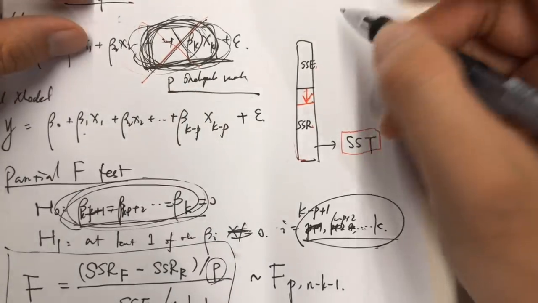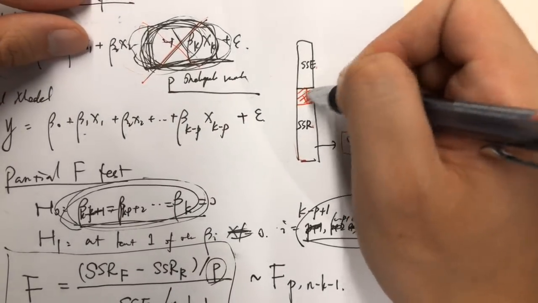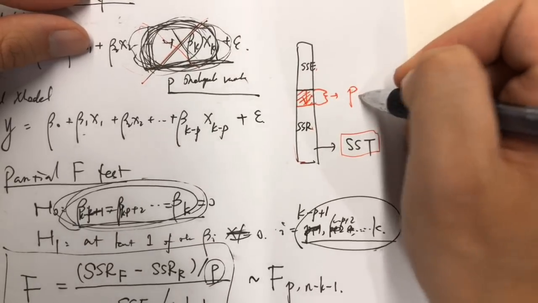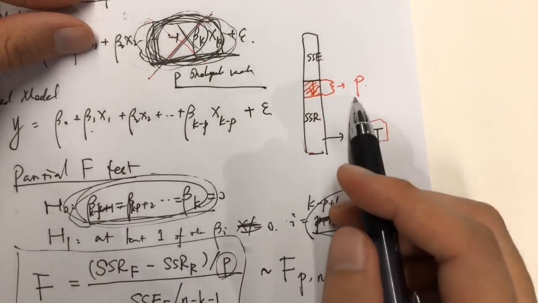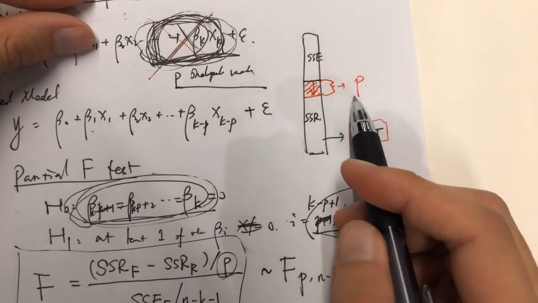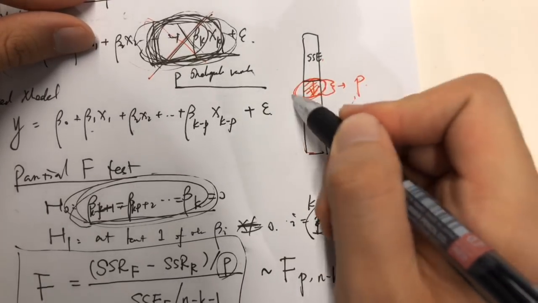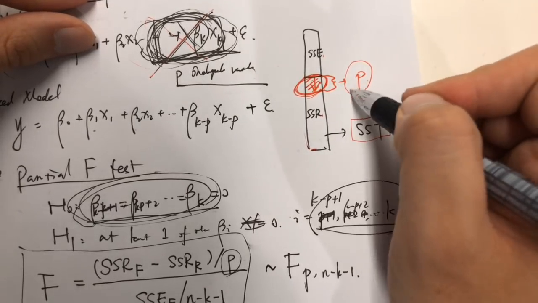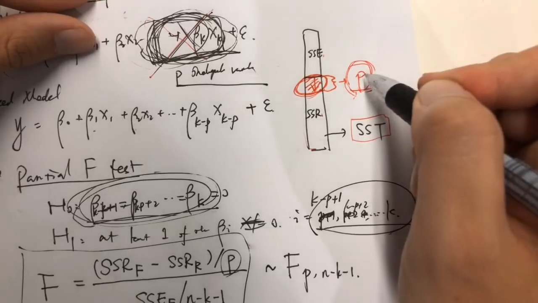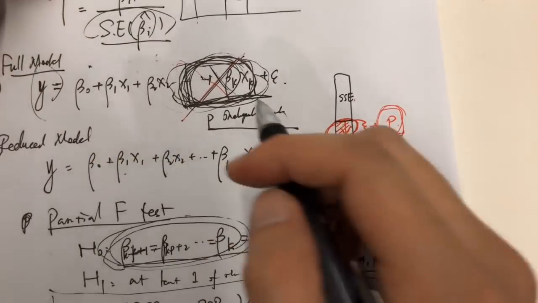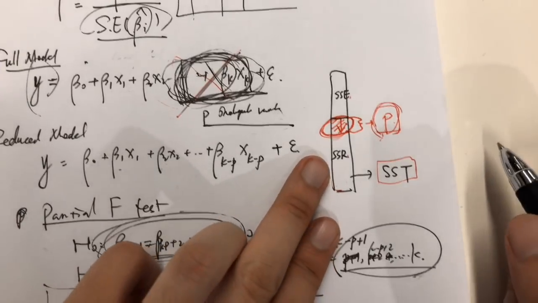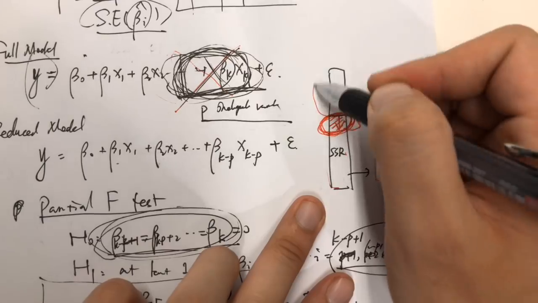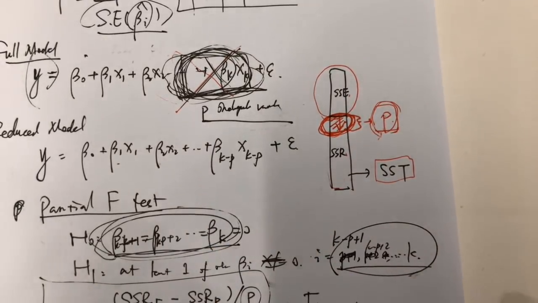So this shaded part is the total explanatory power of those p independent variables that we removed from the full model. What we want to see is whether this part is significant relative to the errors of the full model.